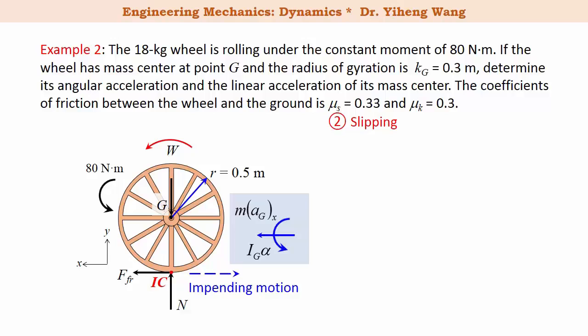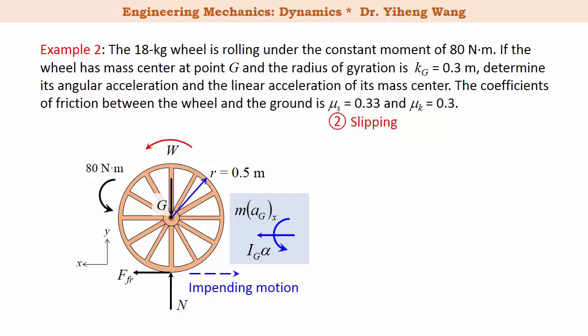Now let's do the calculation again, knowing that slipping does occur. The free body diagram and the kinetic diagram look the same as in the previous step, with only one exception. Now the contacting point between the wheel and the ground is no longer the instantaneous center of zero velocity, because at this contacting point, since the wheel is slipping, it no longer has the linear velocity of 0.